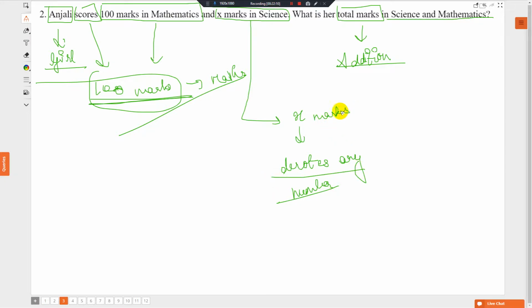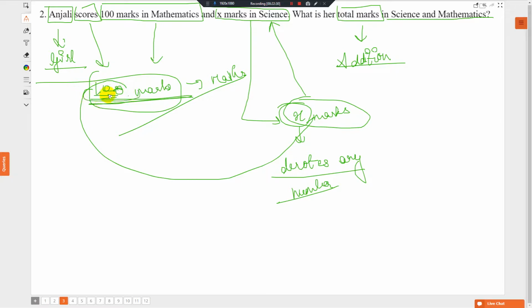Okay, and in which subject did she score x marks? In a particular subject called science. So they are asking what is her total marks? It means if we add 100 and x, how many marks will we get? That means how many marks she scored in both subjects, math and science.